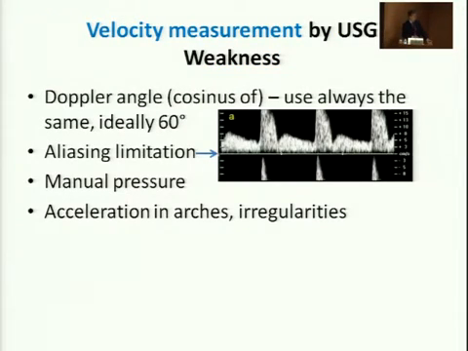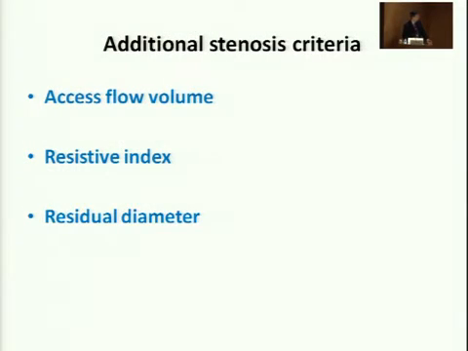There is some other weakness, such as aliasing, again manual pressure, but it should be emphasized that acceleration physiologically occurs in arches, physiologically occurs in arterial anastomosis, physiologically occurs in any irregularities, and so on.